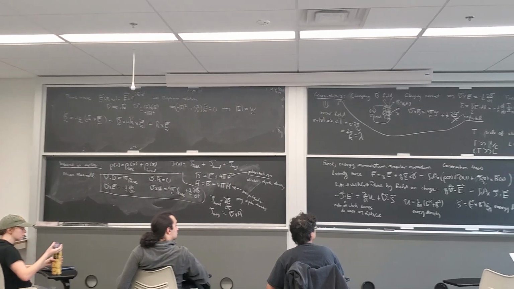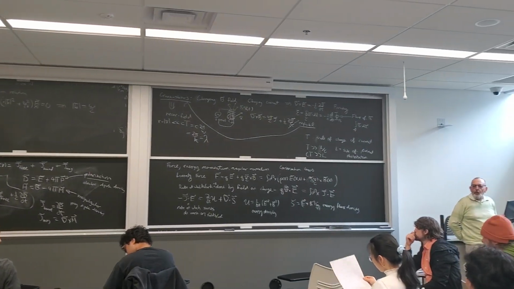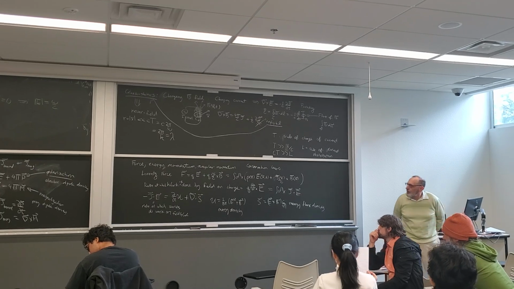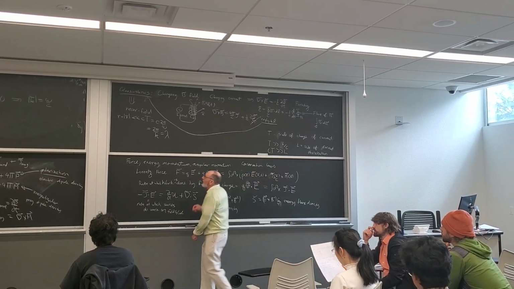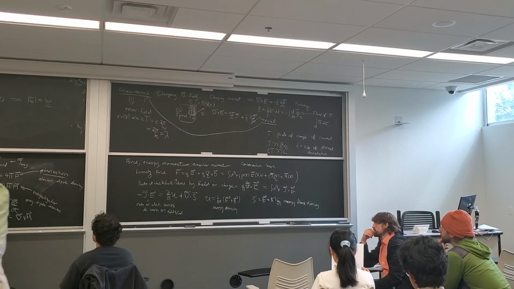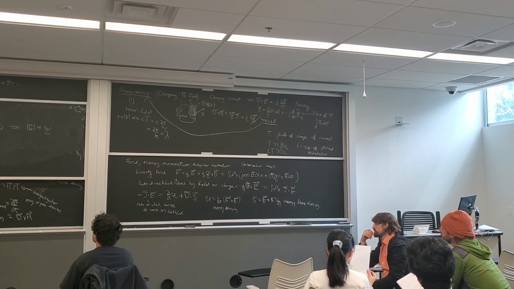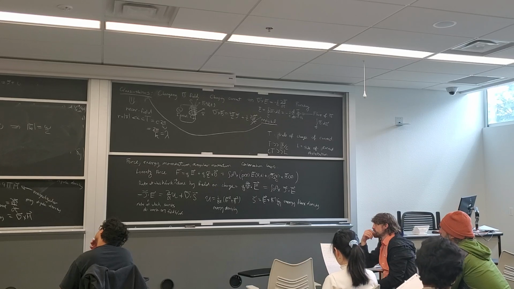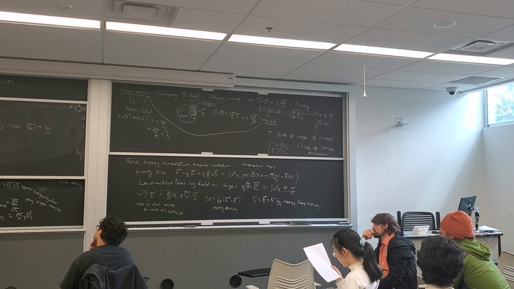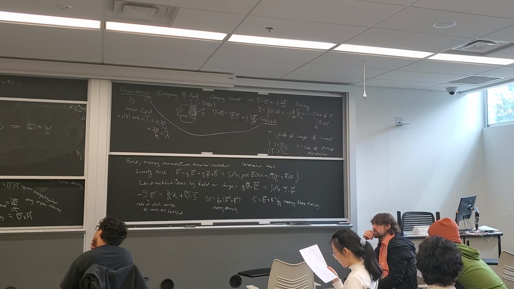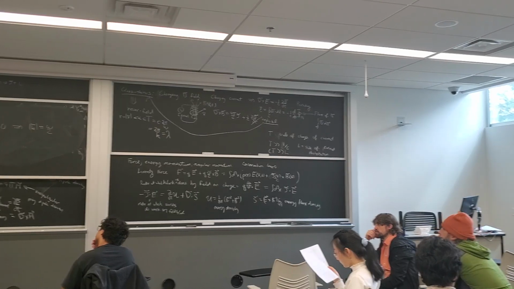So when we do the way, if you remember the way we did, and we'll review this tomorrow, the general solution, for example, for the vector potential or the scalar potential.